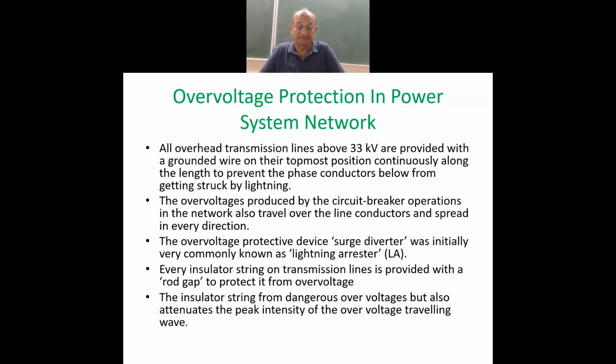As I mentioned, every insulator string on the transmission line is also provided with a horn gap, or rod gap, to protect the insulator string from dangerous overvoltages. It does not protect only from overvoltage, but also attenuates the peak intensity of the overvoltage traveling wave.